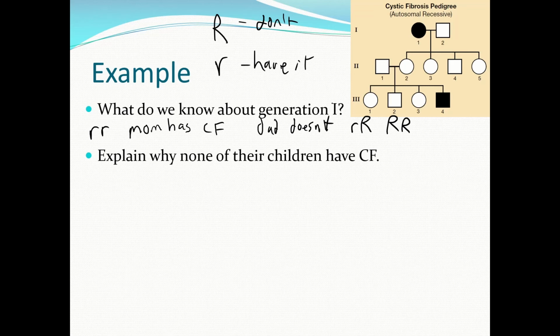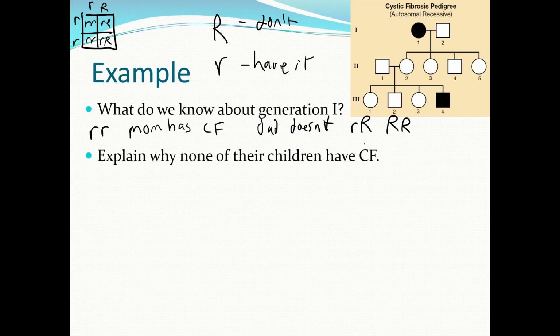If we did a little Punnett square for this, the mom is like this, which means she passes her recessive cystic fibrosis allele along. If the dad was like this, then 50% of their kids would get cystic fibrosis.